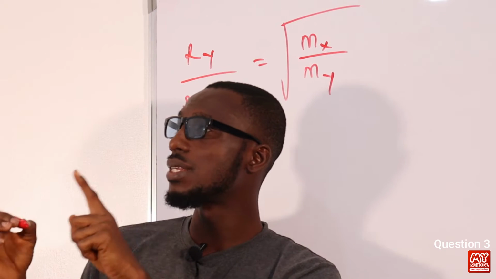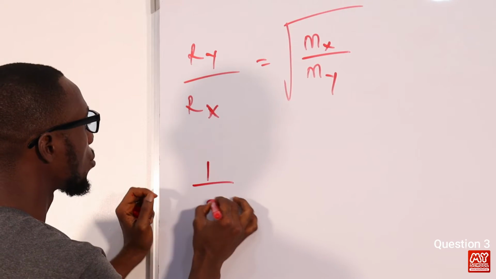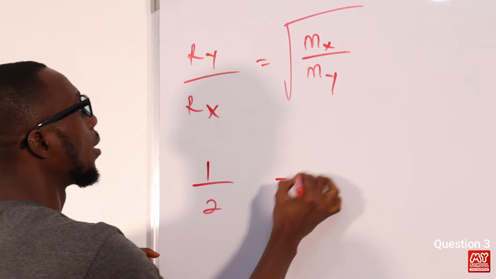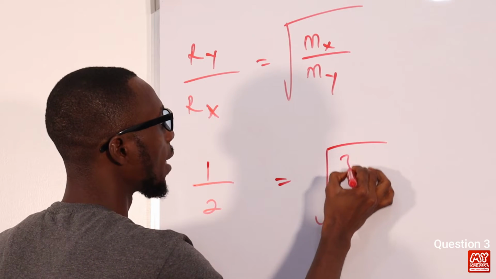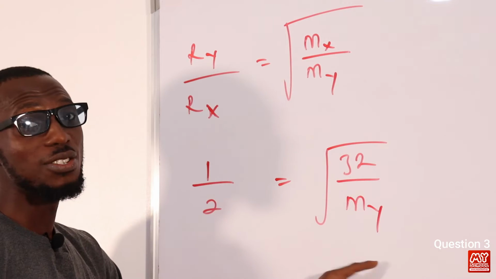Gas X diffuses twice as fast as gas Y. So that will be 1 over 2 equals the molecular mass of X, given as 32, over the unknown molecular mass of gas Y.